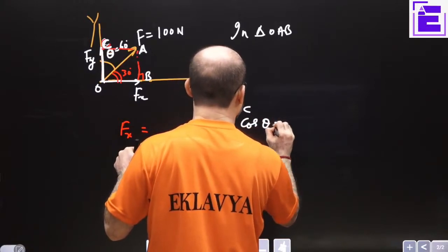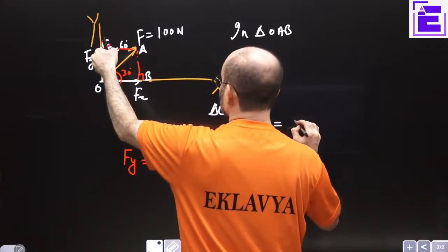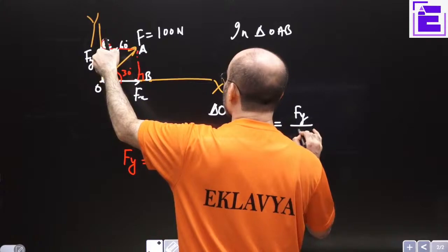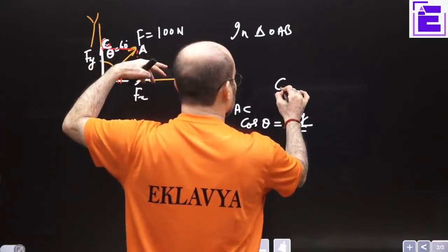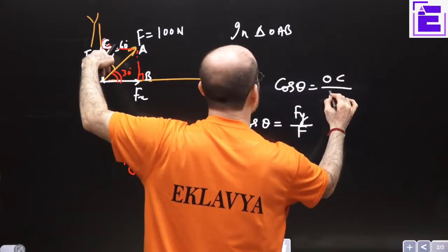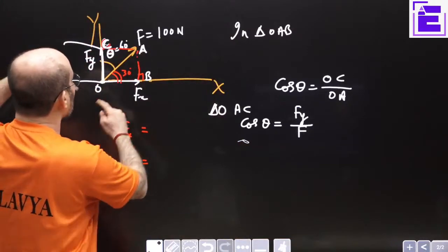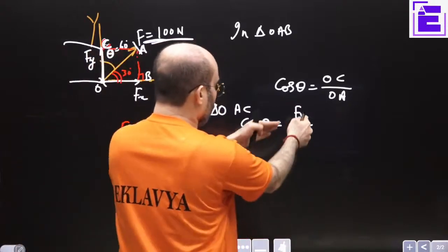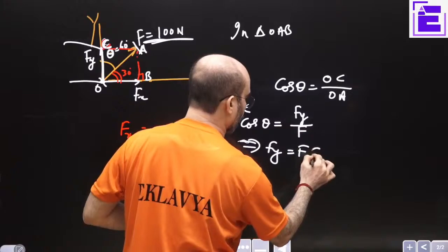Cos theta equals, mind it, Fy by F. Why so? Cos theta equals OC by OA. OC is Fy, you can see this, and OA is F. So Fy is going to be F cos theta.